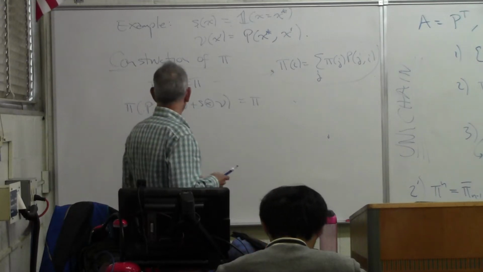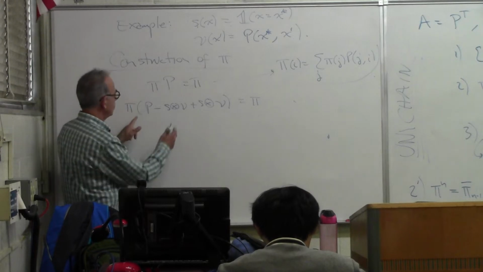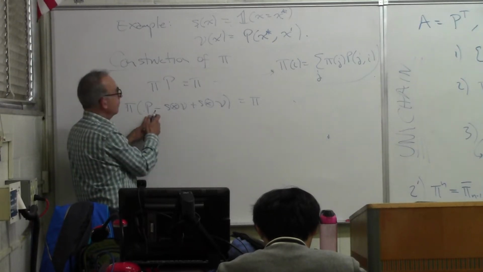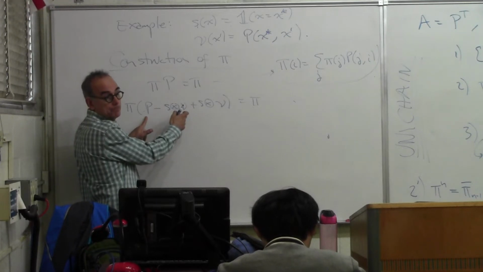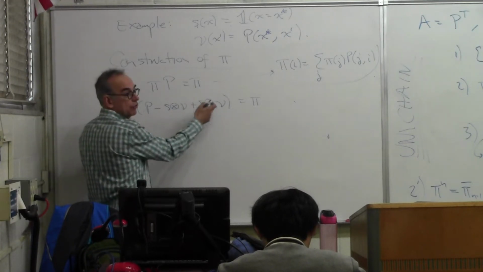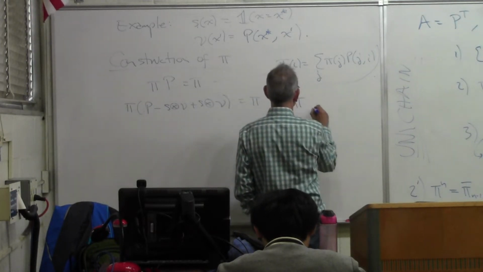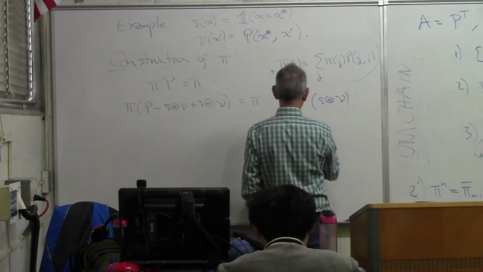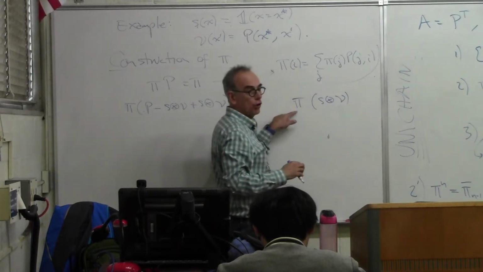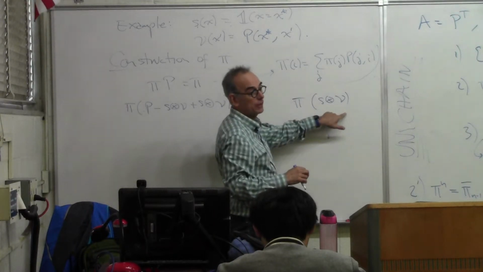All right. So now that I've been yelling, what's going to happen if I take pi through? Well, let's keep this together, because P minus s cross nu is a matrix with non-negative entries. But what's pi times s times nu? Well, that's a row vector, a column vector, and a row vector.